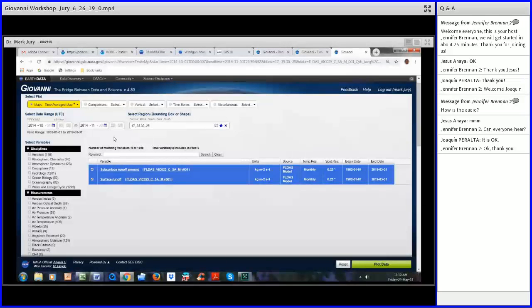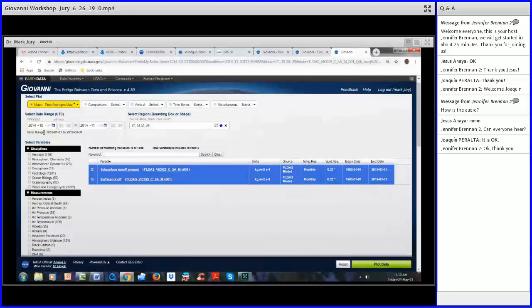And I have two parameters that I've called up from the FLDAS VIC hydrological model, which provides subsurface and surface runoff at monthly resolution.